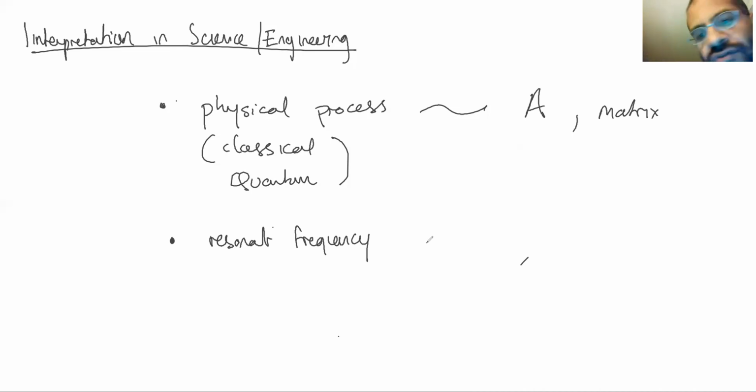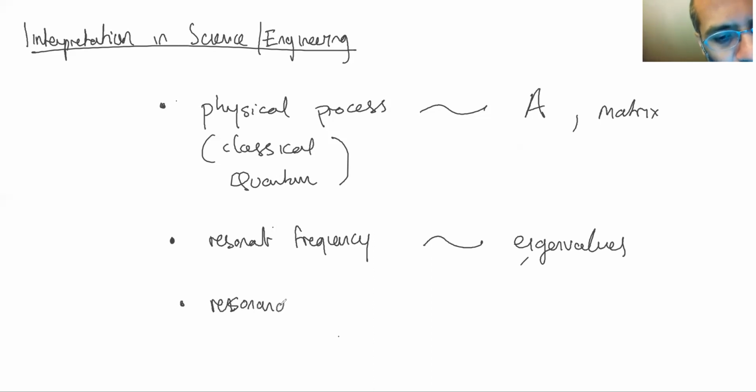For example, a musical instrument. So these correspond to eigenvalues, and resonant modes, where a resonant mode is the actual wave, the actual shape of the vibration at the resonant frequency. This corresponds to an eigenvector.